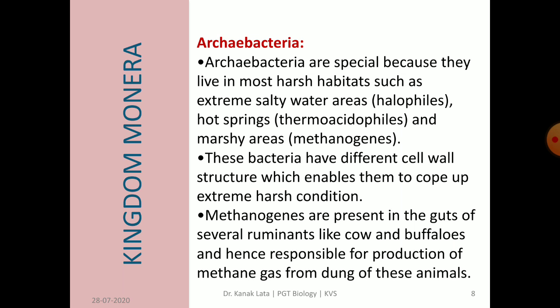In extremely salty water areas they are called halophiles, in hot springs they are called thermoacidophiles, and in marshy areas they are called methanogens. So you can see here that these bacteria are present in different harsh conditions.